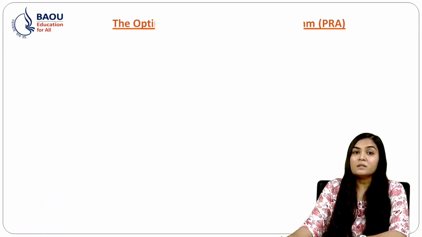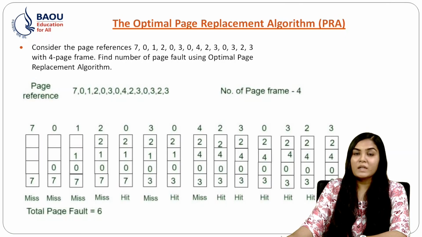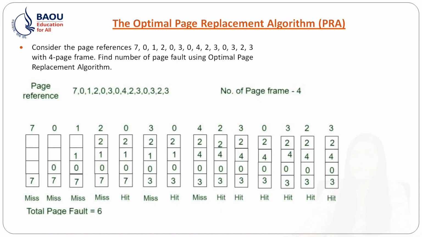Consider the page references 7, 0, 1, 2, 0, 3, 0, 4, 2, 3, 0, 3, 2, 3 with 4 page frames. Find the number of page faults using the optimal page replacement algorithm.